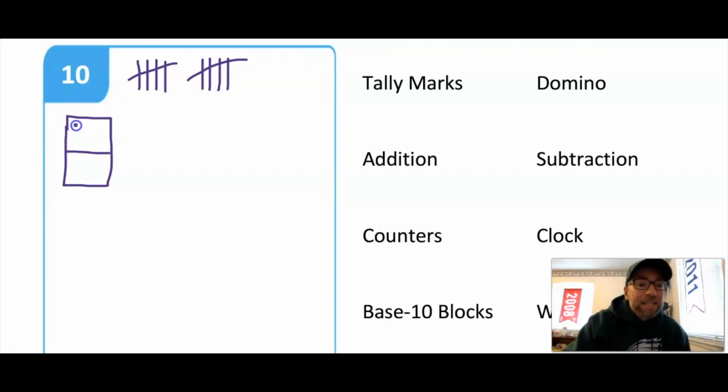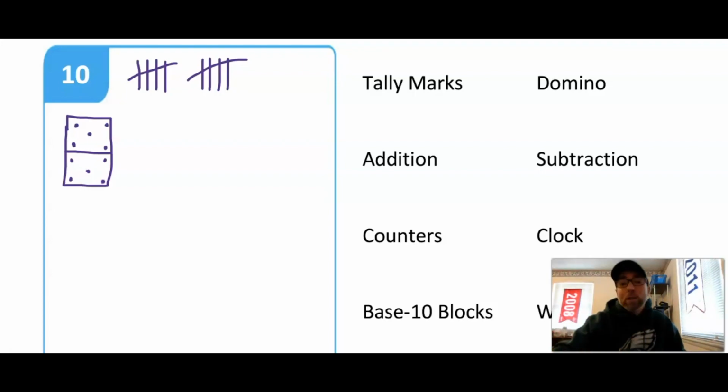And my dots have to add up to 10. So my domino is going to have 5 dots on the top, and it's going to have 5 dots on the bottom, because that will make 10 dots. So I showed the number 10 using a domino.